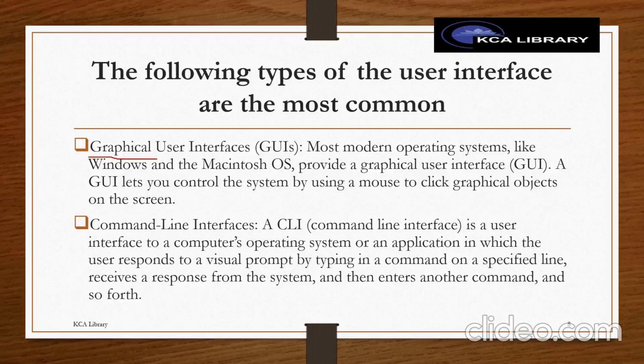If it is a video, it has a video icon. If it is an application, you see the application icon. Here you can directly use the mouse to click on the graphical objects on the screen. We call this the graphical user interface.